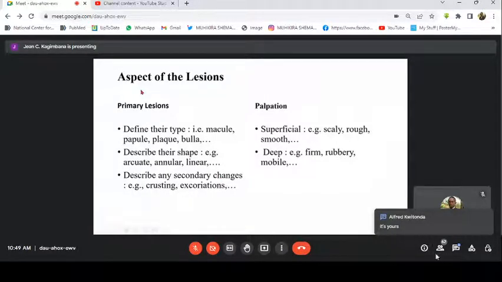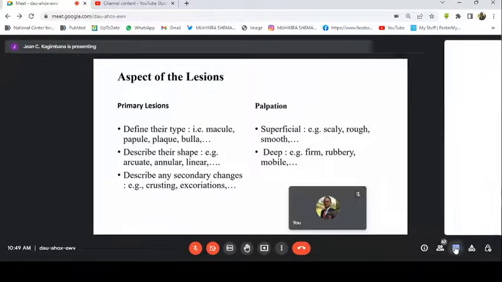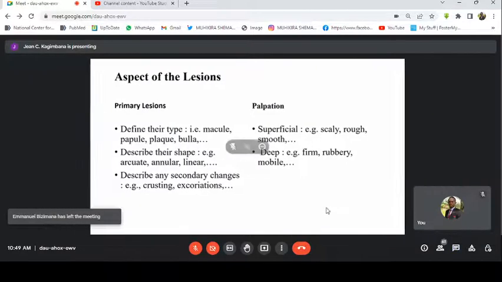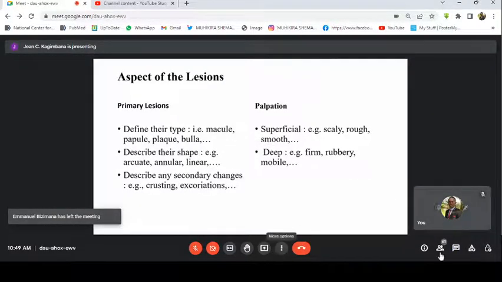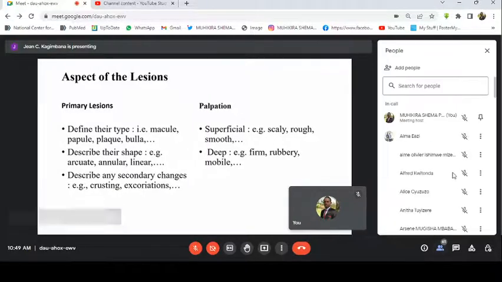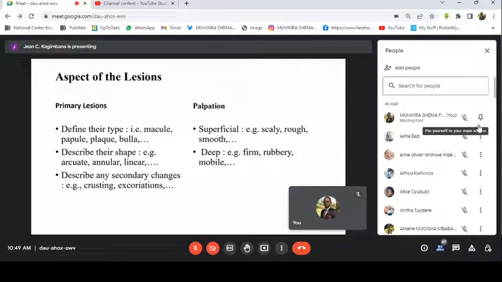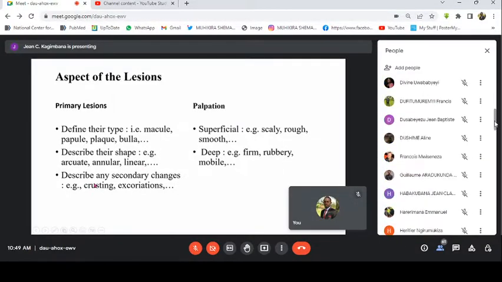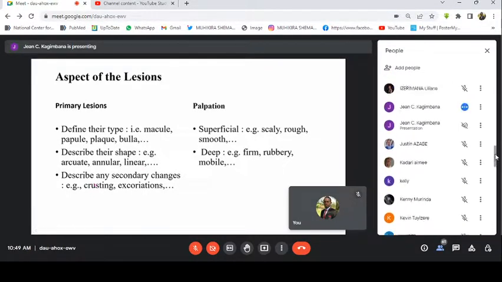Looking at the aspects of the region, you go again: primary region, where you define the type. Is it a macule? Is it a papule? Is it a plaque? Is it a bulla? Or you describe the shape: annular region, arcuate region, linear region, and you have to describe secondary change.